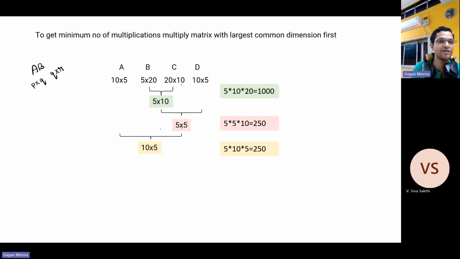Now we are left with only these two. The resulting matrix is 10 cross 5, and the multiplication is 5 into 10 into 5. The total number of scalar multiplications becomes 1500. Okay, in this way, you will get the minimum.